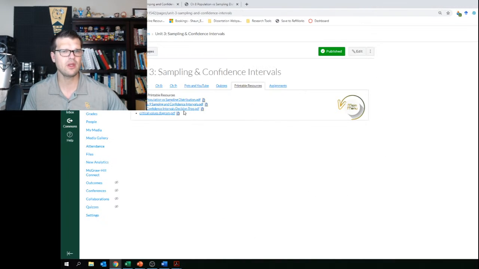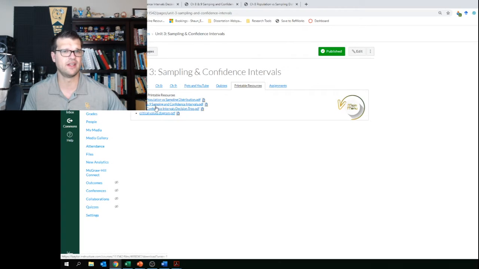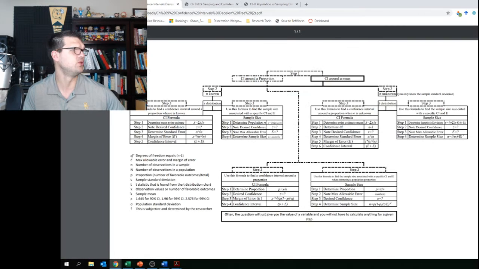And then this right here is a really good resource for helping you to make a decision. What I clicked on there is the Chapter 9 confidence interval decision tree. This helps you to know what it is that I should be looking at. It says step by step, should I be looking at a confidence interval around a proportion, around a mean? Do I know the population standard deviation? Do I not know the population standard deviation?